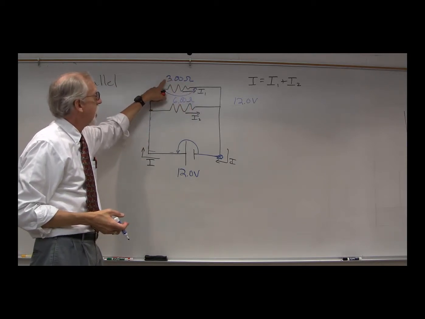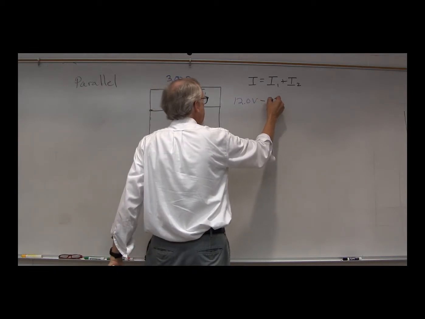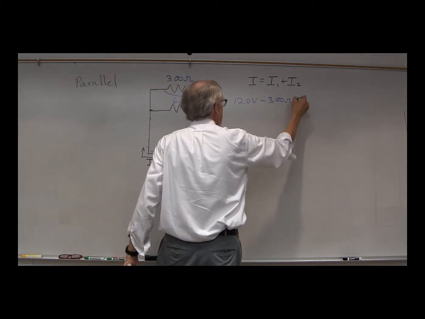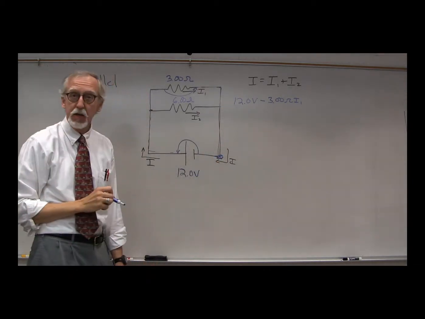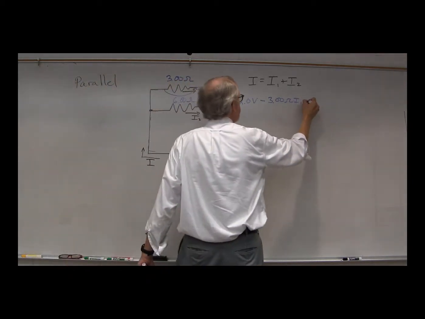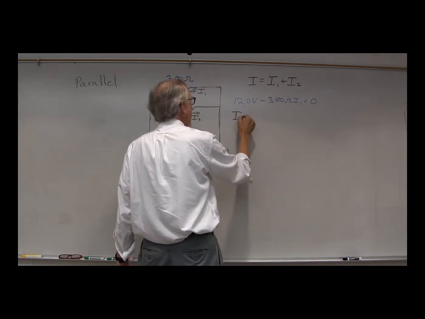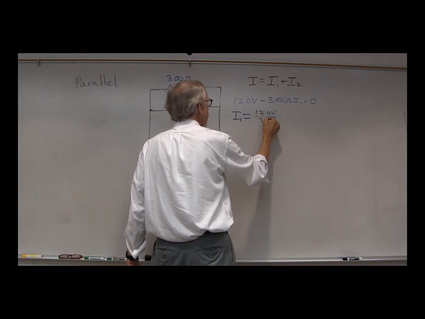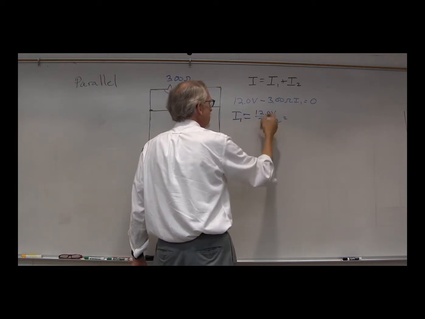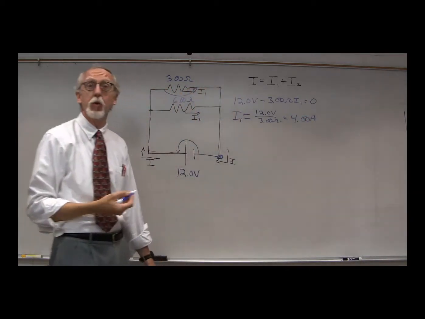So we have minus R1, 3 ohms times I1. It's a decrease. And then we come back to where we started, equals 0. Well, bring that over there, divide by 3 ohms. What do we have? I1 equals 12 volts over 3 ohms equals 12 over 3, 4 amps. So I1 is 4 amps.